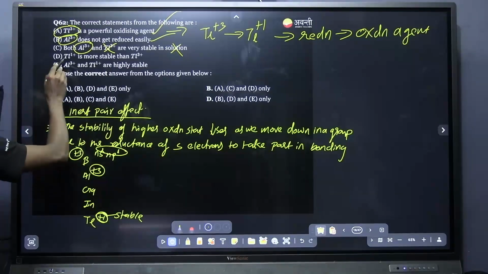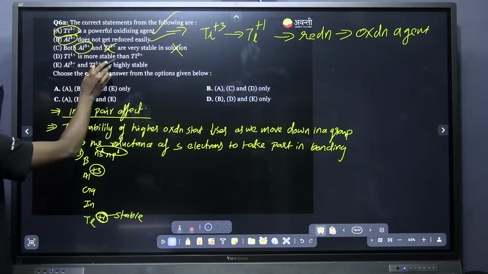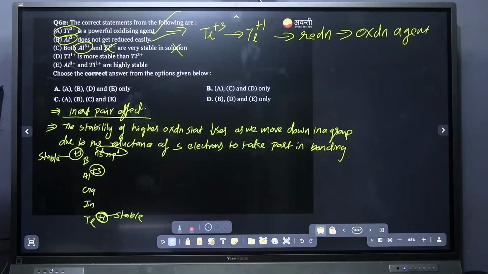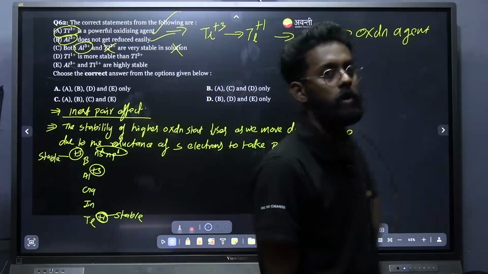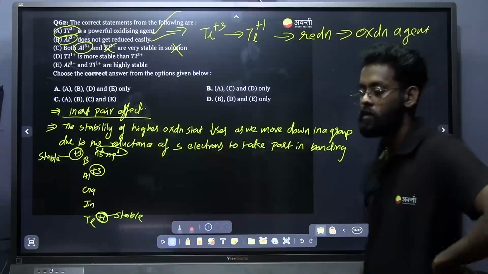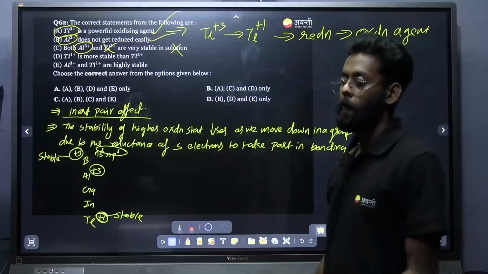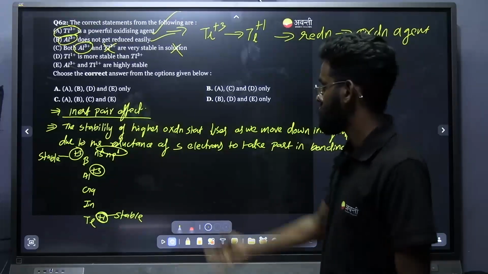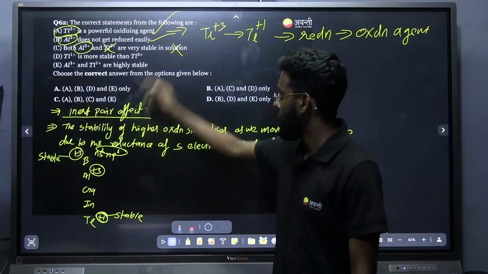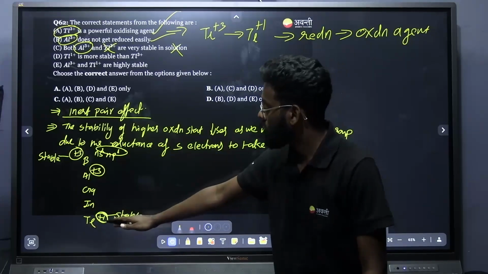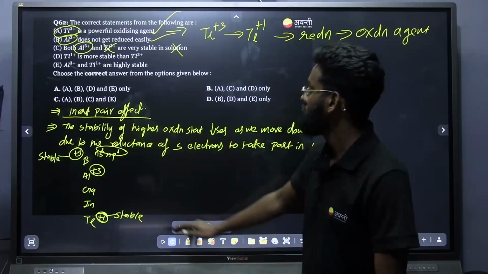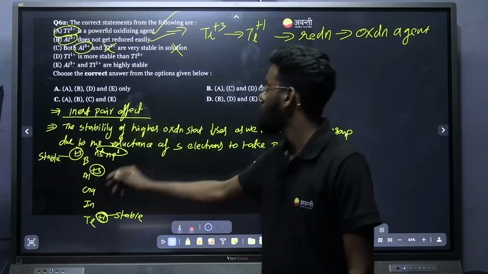Now my question is, Tl plus 1 is more stable than Tl plus 3. Is it correct? Thallium in plus 1 oxidation state is more stable compared to thallium in plus 3. Yes or no? Of course, just now we discussed it. For thallium, as it is at the bottom, the lower oxidation state is stable, which means plus 1 is stable for thallium.